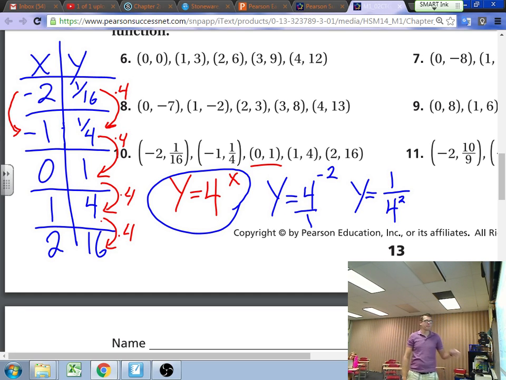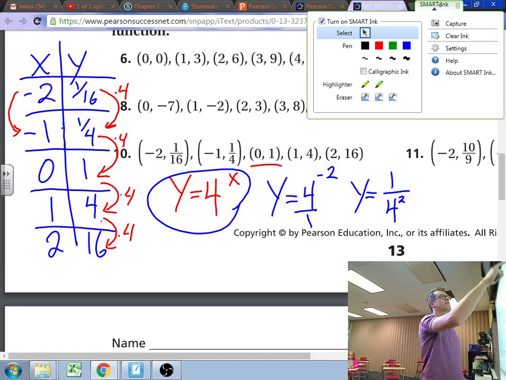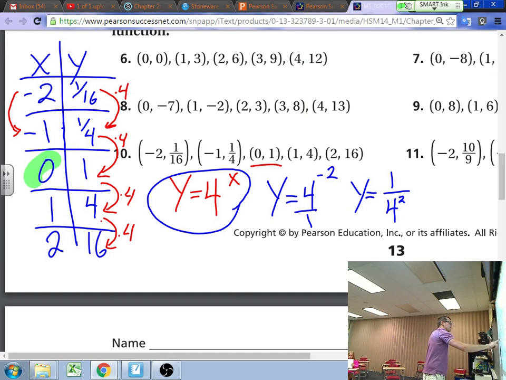But wouldn't it need to be 4 to the power of x plus 1 because it intercepts the y at 1? But remember, my input x is 0, so x goes here. What's any number to the 0 power? 1. I don't need to add 1, I'm at 1 already, because 4 to the 0 power gives me 1. So this works out. Does that make sense? Yes. Cool.